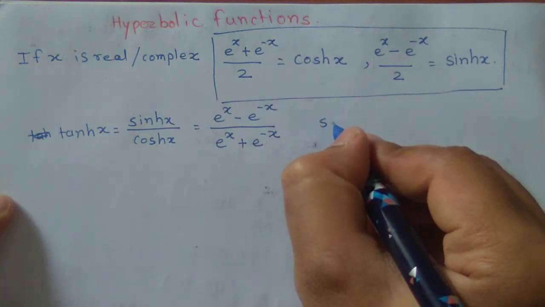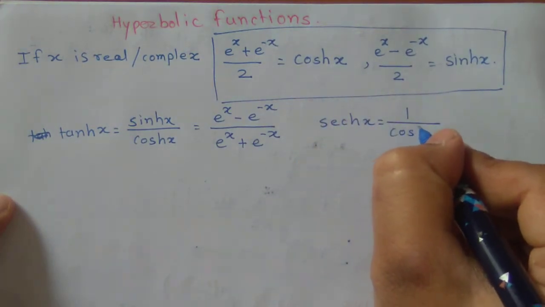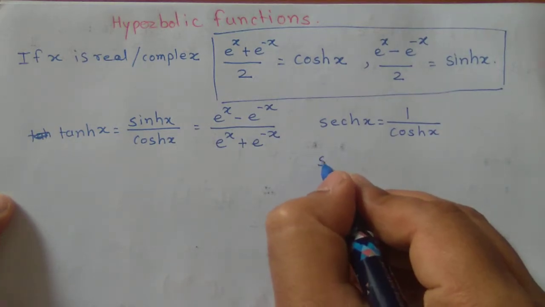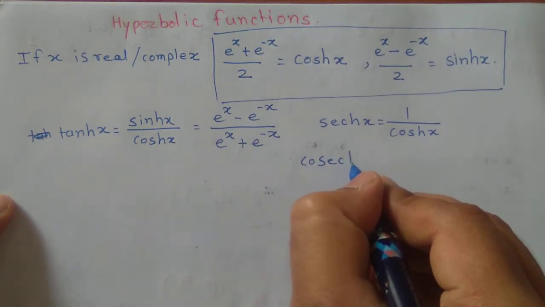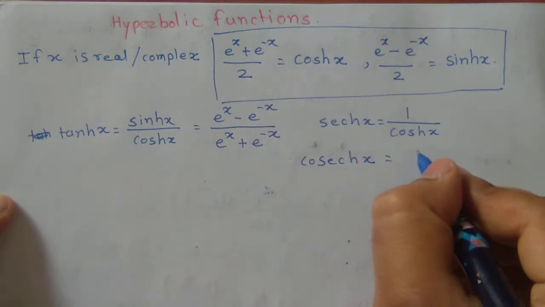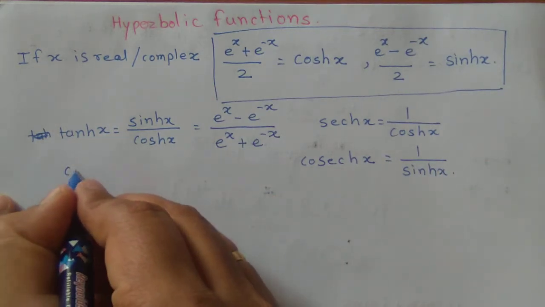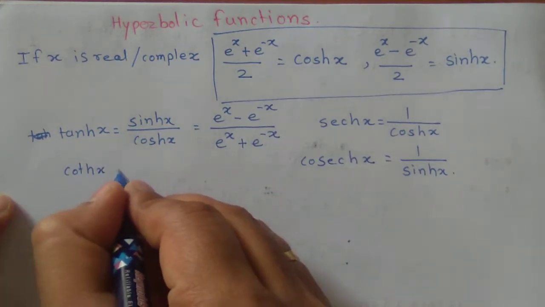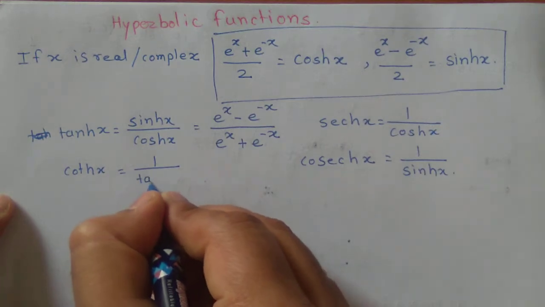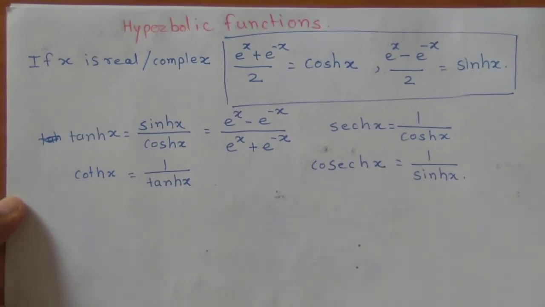Then hyperbolic sec x is defined as 1 upon hyperbolic cos x. Hyperbolic cosec x is equal to 1 upon hyperbolic sin x. Similarly, hyperbolic cot x is 1 upon hyperbolic tan x. So this is how we can define the hyperbolic functions.